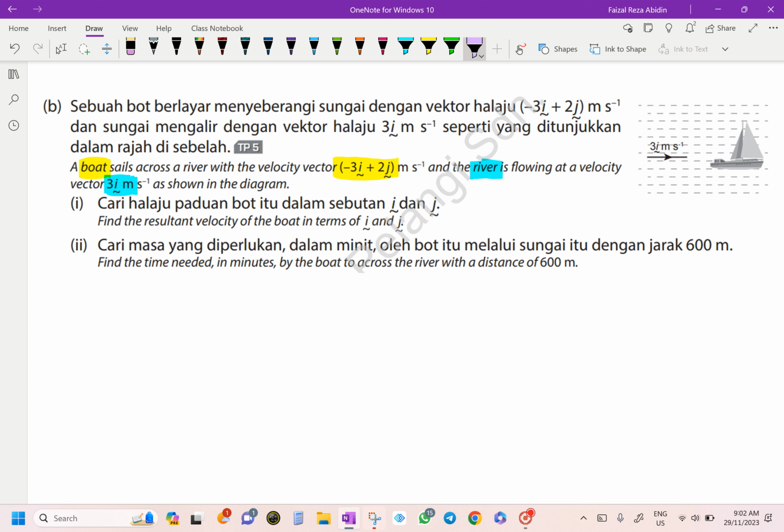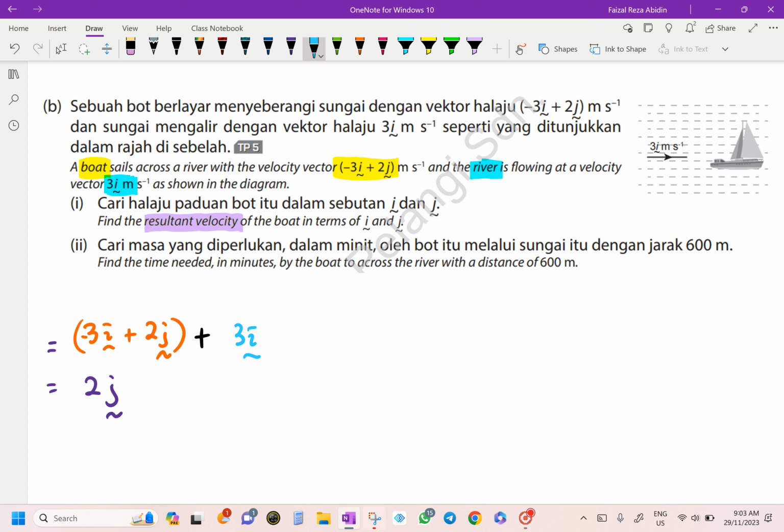If it's asking us to find the resultant velocity, you are going to have the boat velocity, which is 3i plus 2j, plus the velocity of our river 3i. Oh sorry, this one is negative. Negative 3i with 3i, so finish. So the resultant velocity is only going to be 2j. That's it.